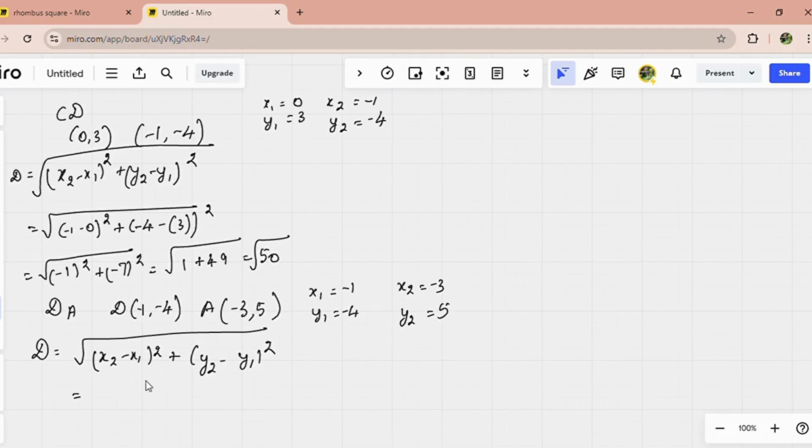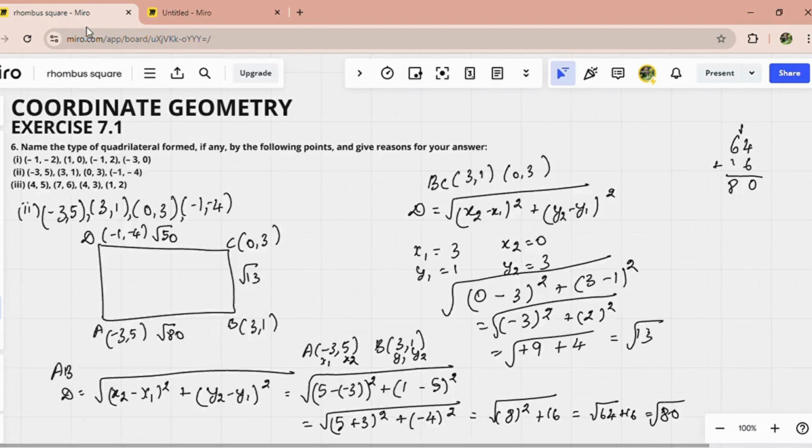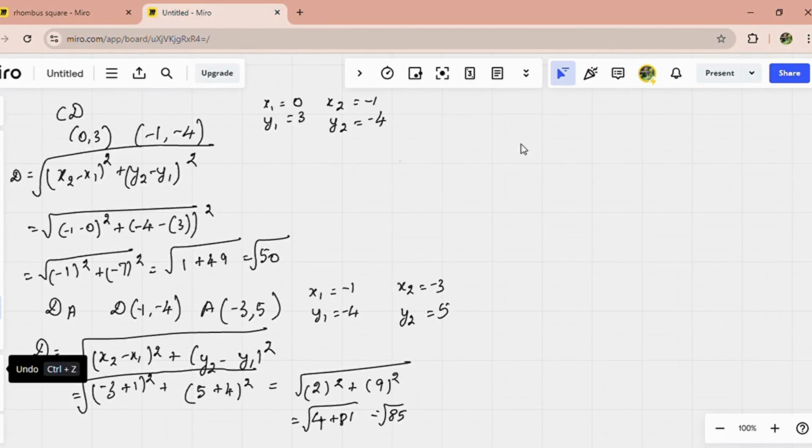So minus 3 plus 1 square plus 5 plus 4 square, which is root of 2 square plus 9 square, which equals root of 4 plus 81, which is root of 85. So you got the answer for this also, root of 85. All the sides have different measurements, so it won't form any quadrilateral.